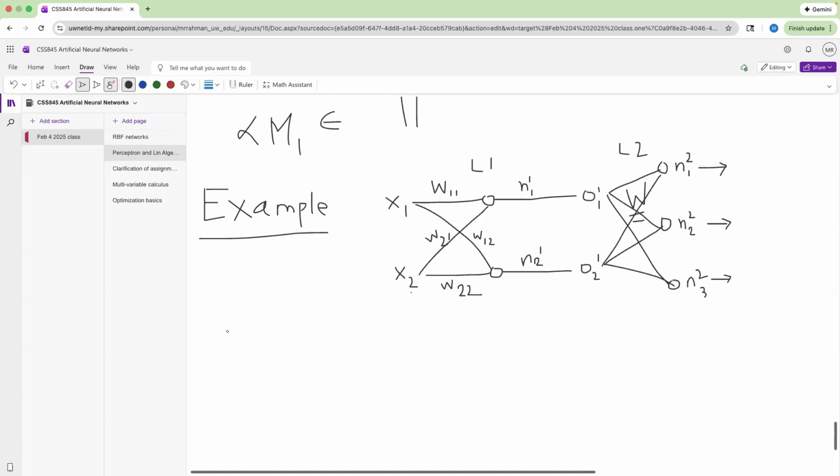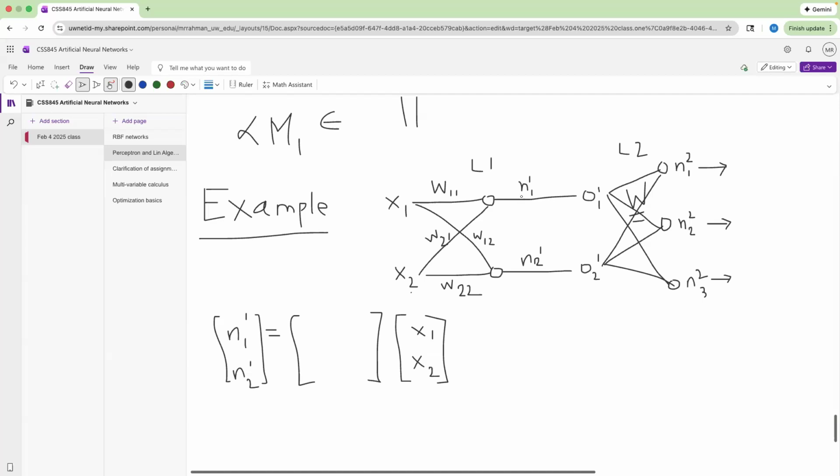So what do I have here? My first N11 is going to be, if I take these two, I can stack them up as a matrix, and hopefully this makes sense. I have X1 and X2.